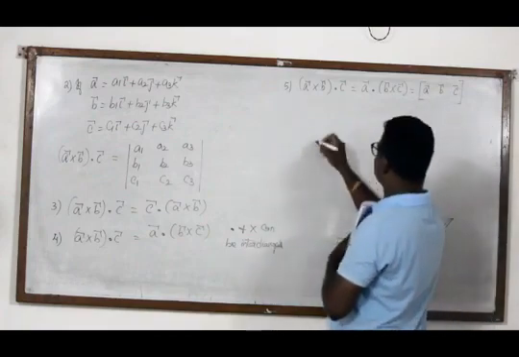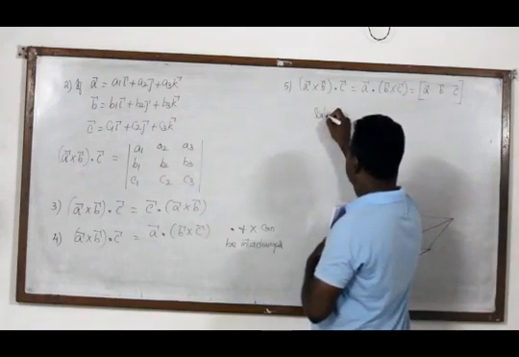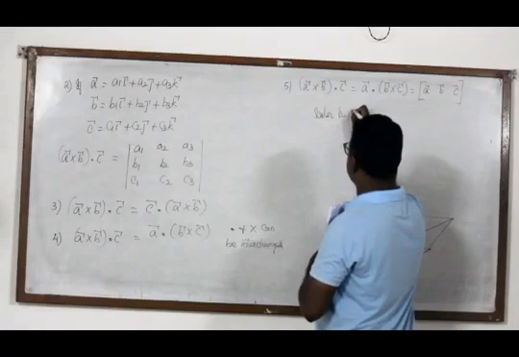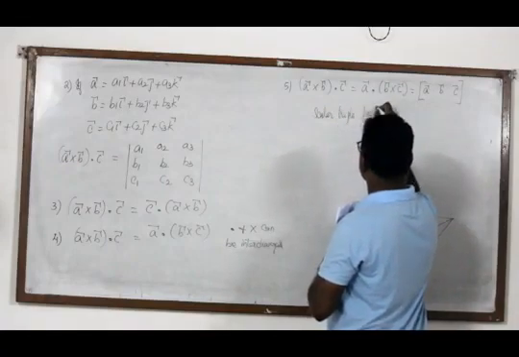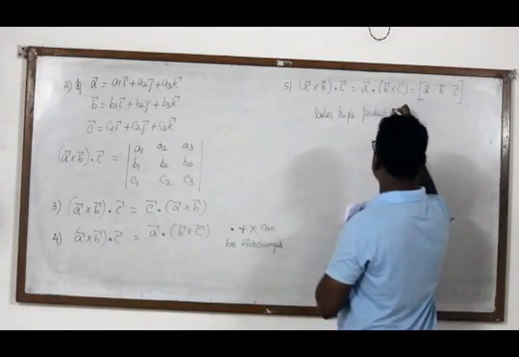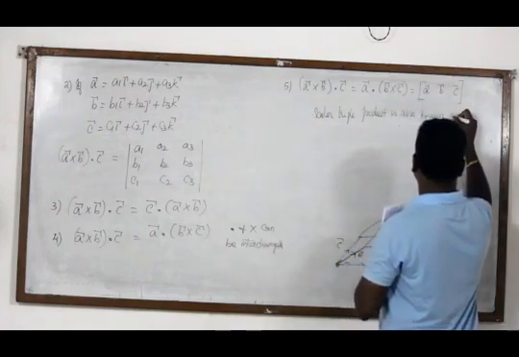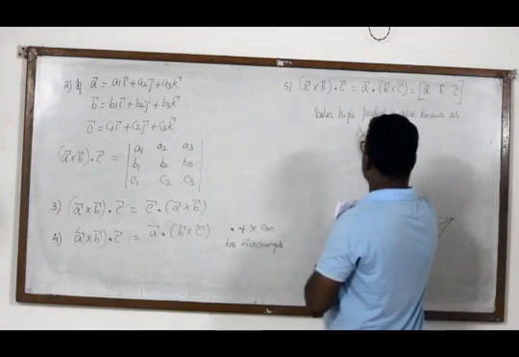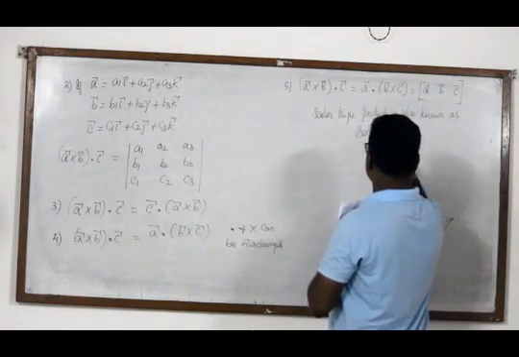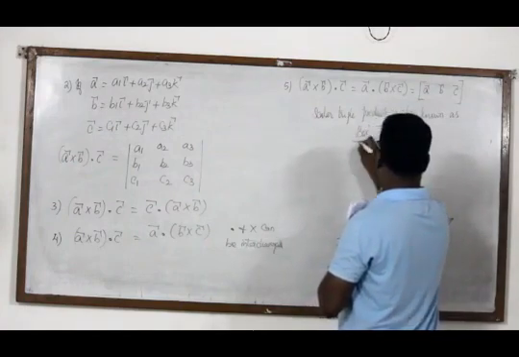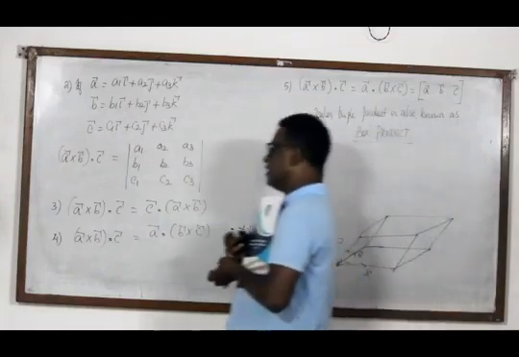So scalar triple product is also known as box product. This is the next property.